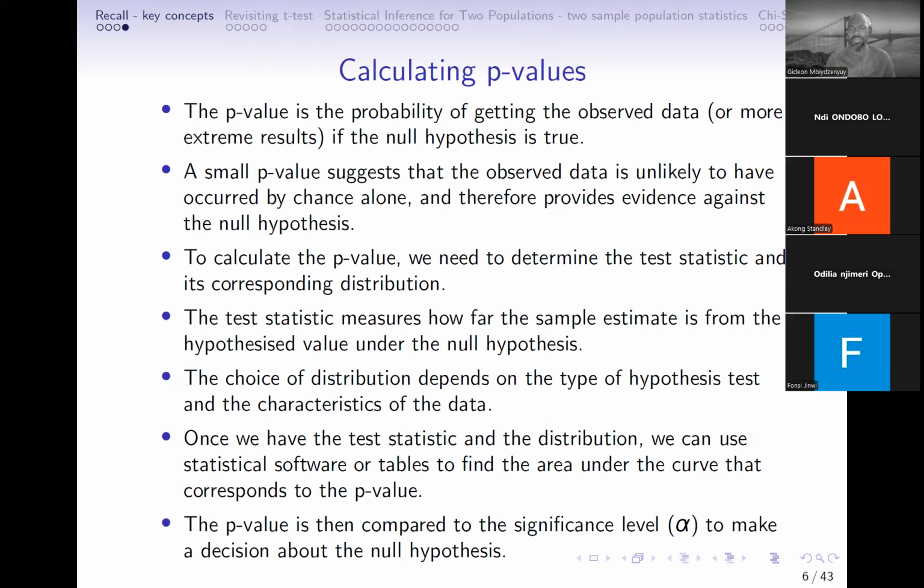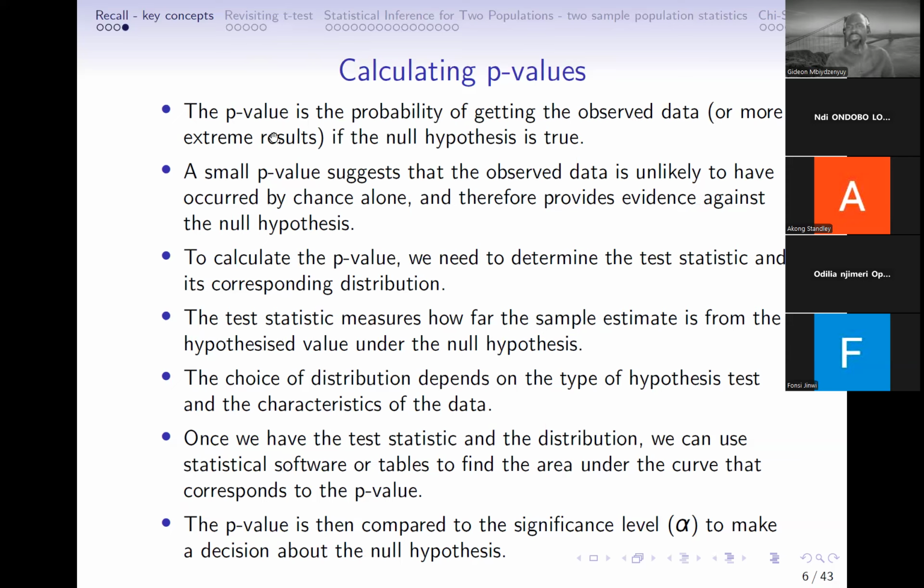If you're talking about the mean, you want to ask whether this sample mean is very close to the population mean, or it is too far away from the population mean. The p-value in combination with the cutoff points that you are using helps you to make an informed conclusion about that situation.